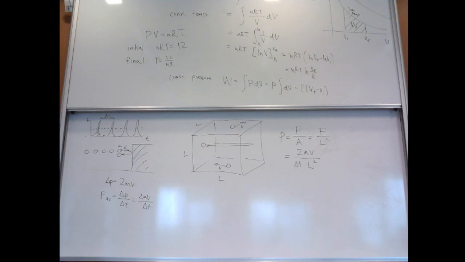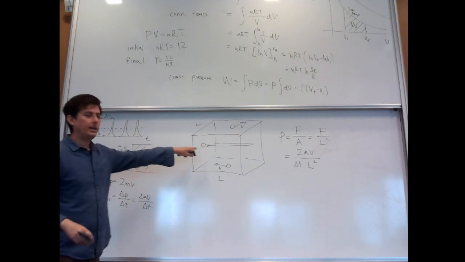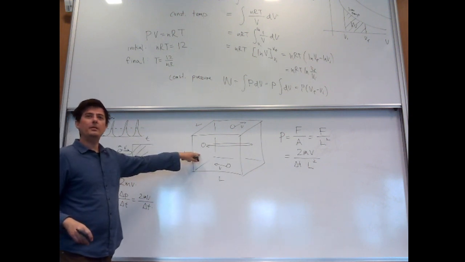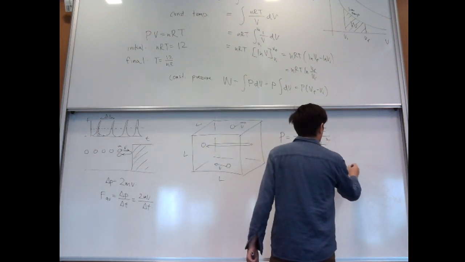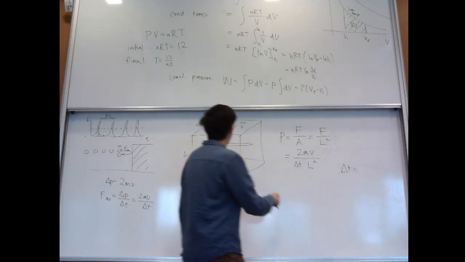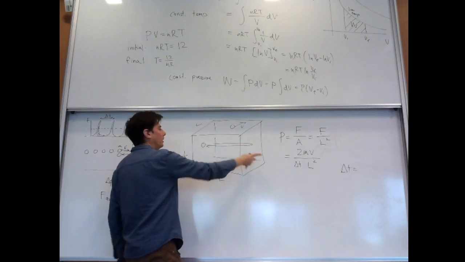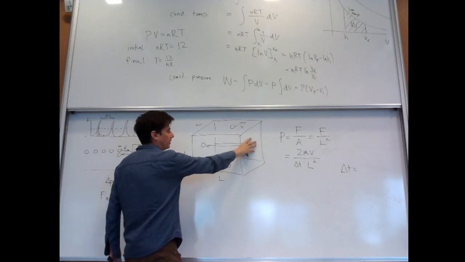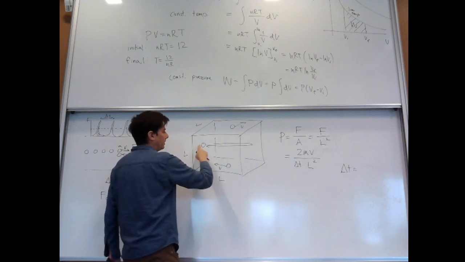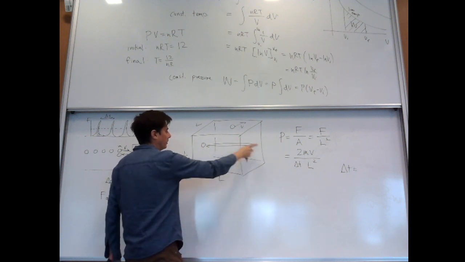And so we have to work out what this time is in this case. It's going to hit this wall every, we're talking about just this wall here at the moment.